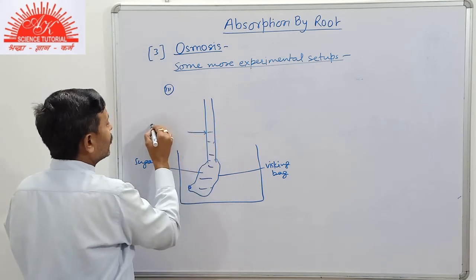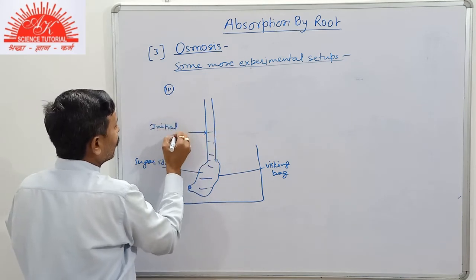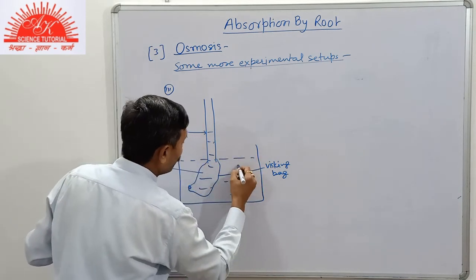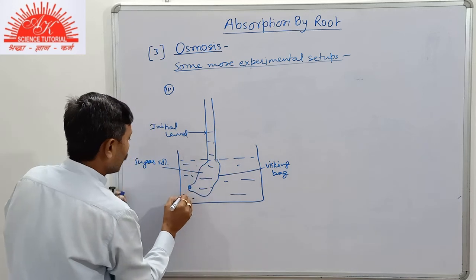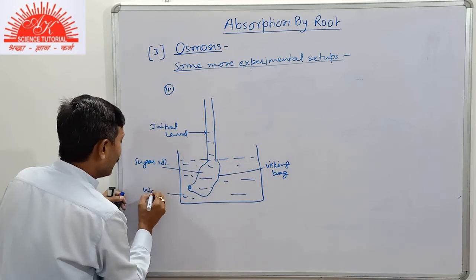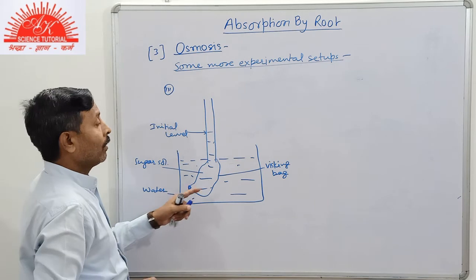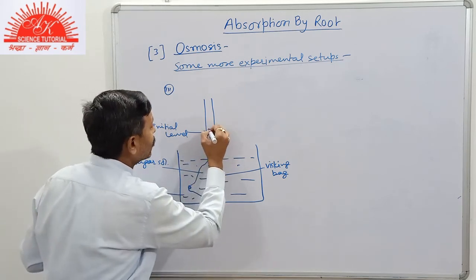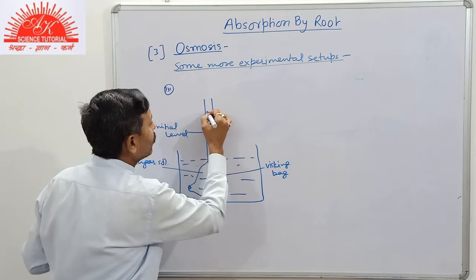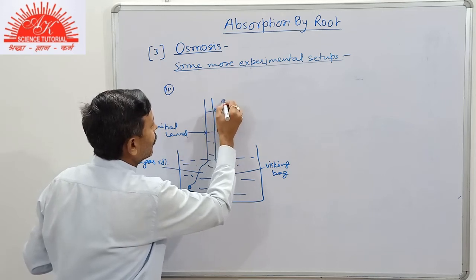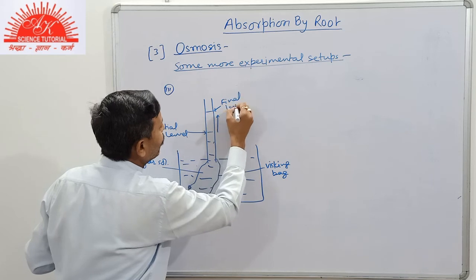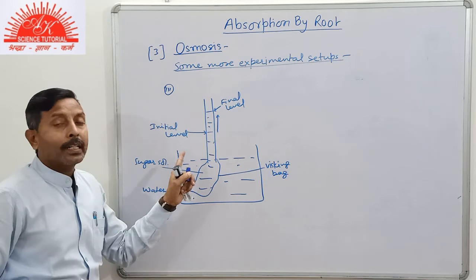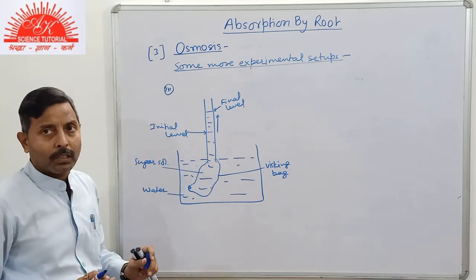Now this is the initial level of solution, and in the beaker we take water, or we can have a less concentrated solution. After some time we will observe that the level of solution in the tube will rise. This is the final level of solution.